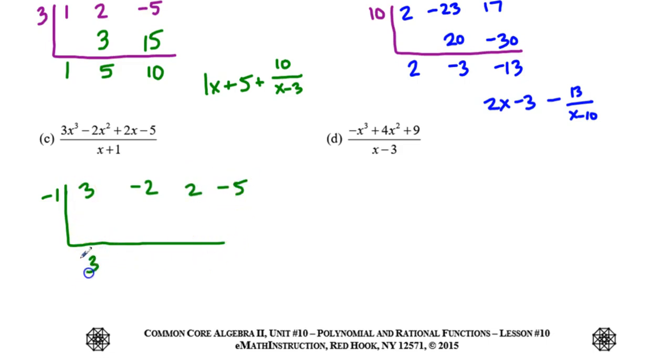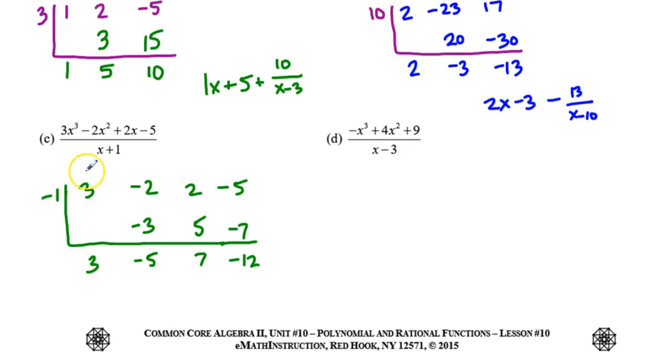Bring down, multiply, add, multiply, add, multiply. Each time I'm multiplying the bottom number by the negative 1. And then add. Then express the answer, and play the recording when you're ready.